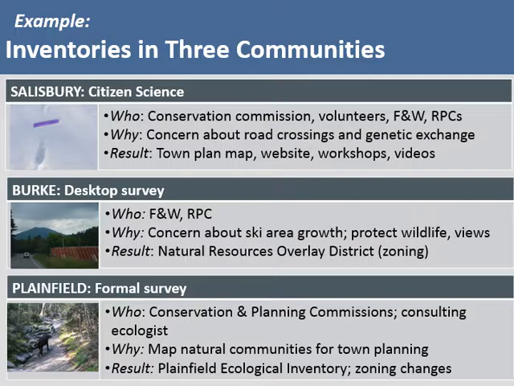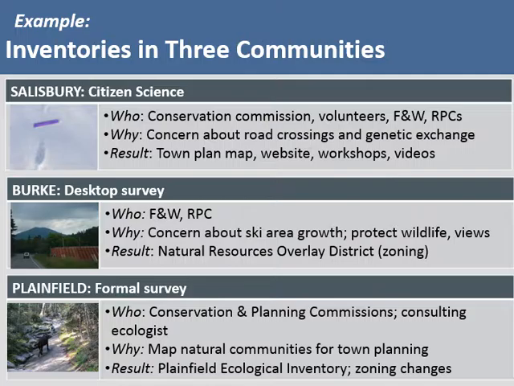Let me just give you some examples of how different types of inventory have been used in different communities. In Salisbury, the Conservation Commission led a multi-year citizen science project doing wildlife road tracking on different road segments in town, looking for where wildlife crossed.